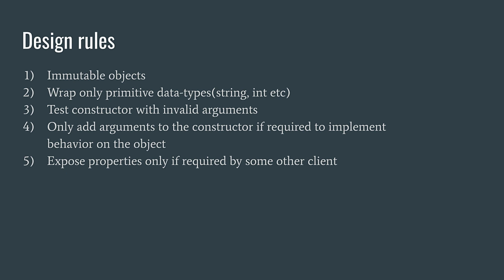So if there is a requirement by any other client or maybe by any other code base, you expose them, but make sure that those are immutable and cannot be updated by any other client. So these were the design rules to create value objects. I hope you understood the importance of creating a value object and how it can help you become a better programmer and keep your code base clean.